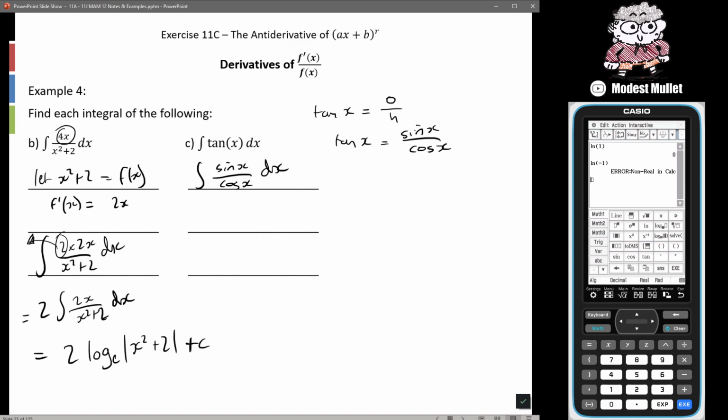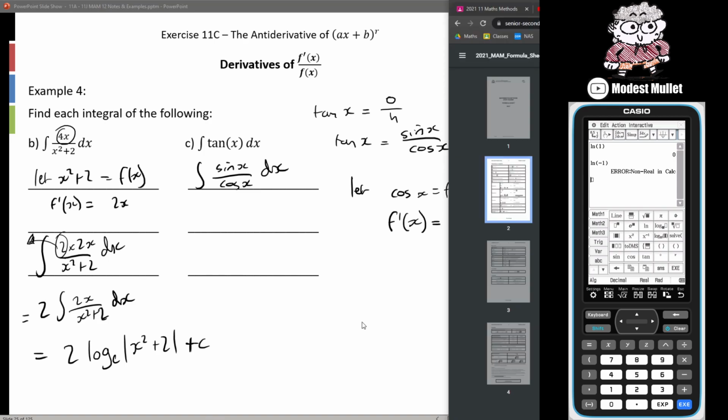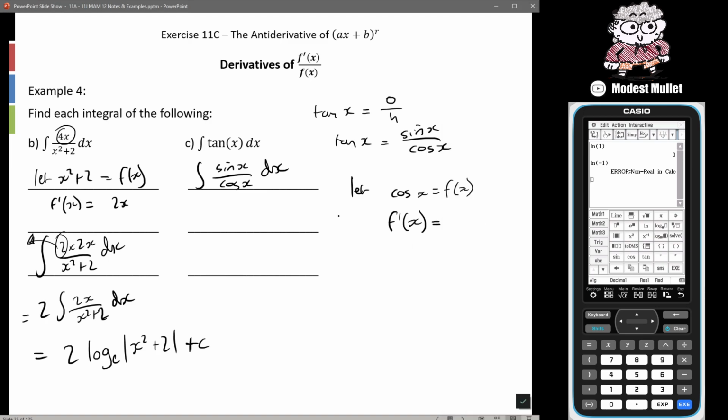And so I've clearly got a fraction that I've got different top and bottom. So I'm going to let cos x equal f of x. So f dash of x is going to be the derivative of cos x, which you are given on the VCAR formula sheet. The derivative of cos is negative sine x.